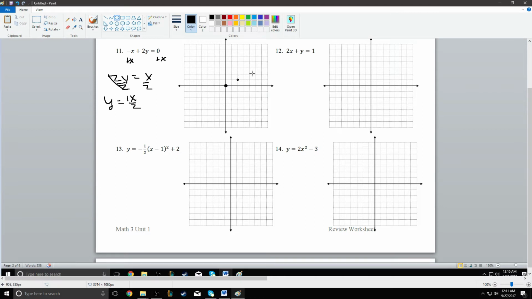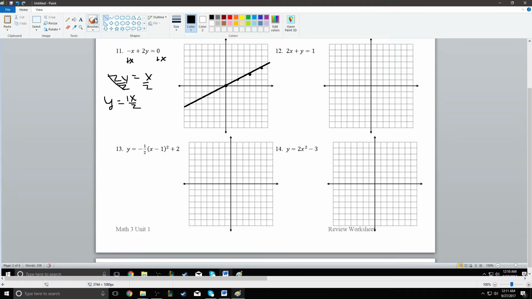Rise 1 over 2, put a dot. Rise 1 over 2, put a dot. And because it's a linear function, you would connect these all with that same straight line as best you can.